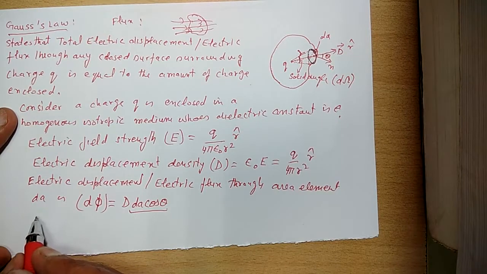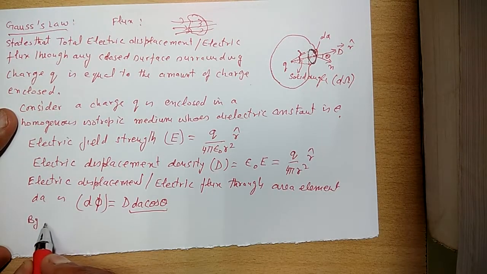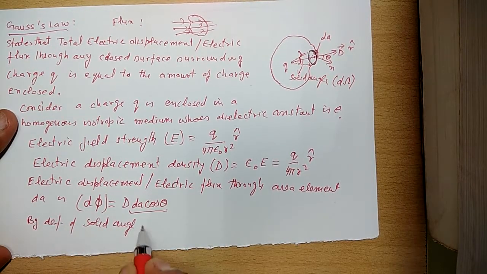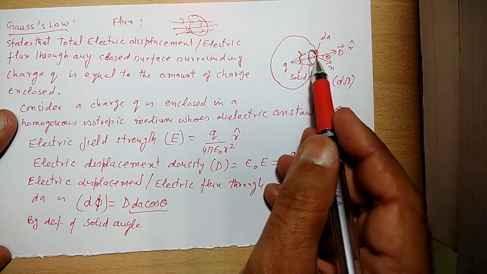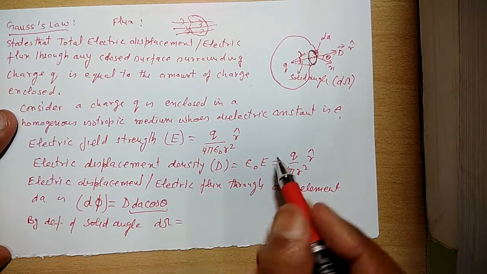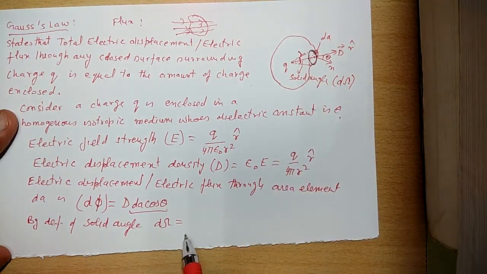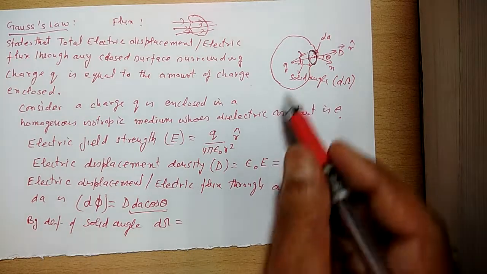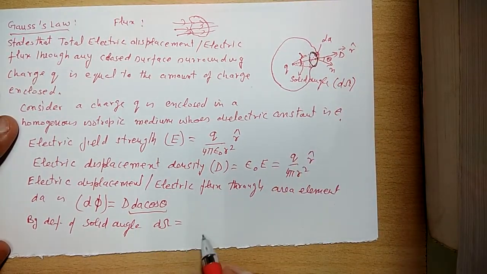So by the definition of solid angle for this figure, because this is the projection of dA normal to this radius vector, we can write d omega is dA cos of theta upon r square.